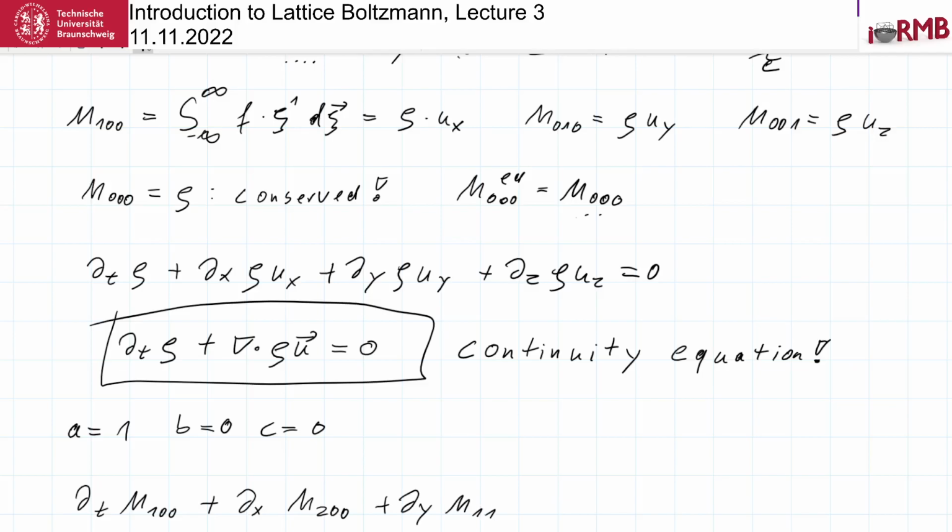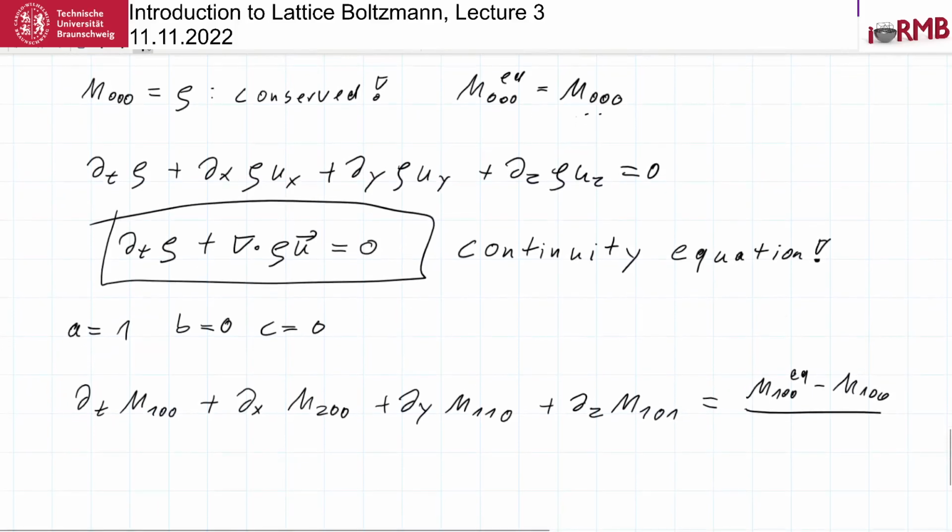This gives us 110. Plus we have to count up the last index by 1. So this is 101. And this again is equal to m100 equilibrium minus m100, divided by tau.